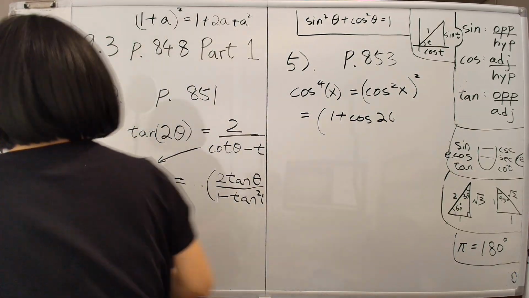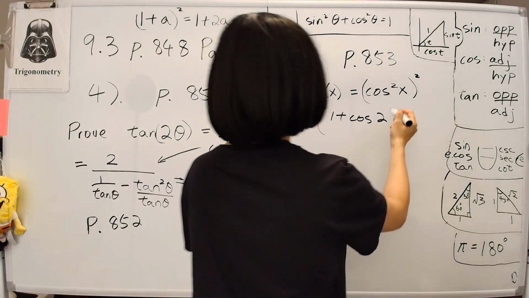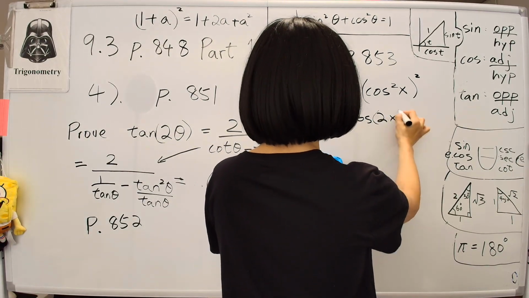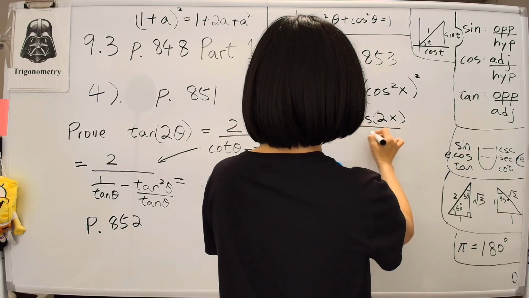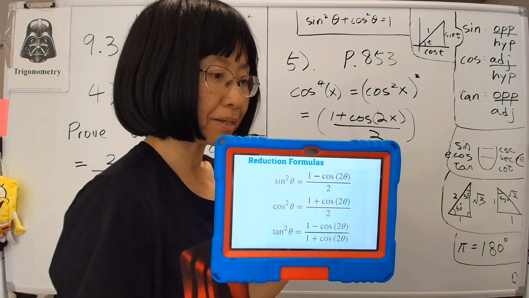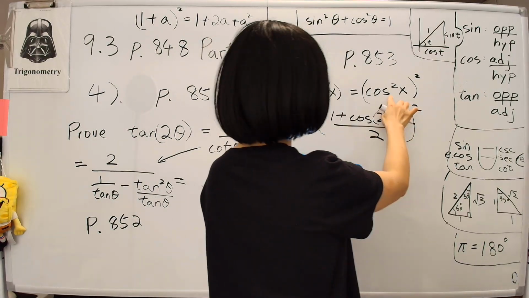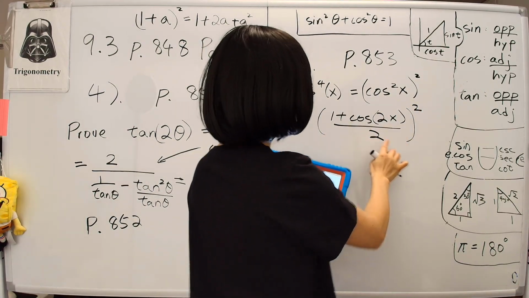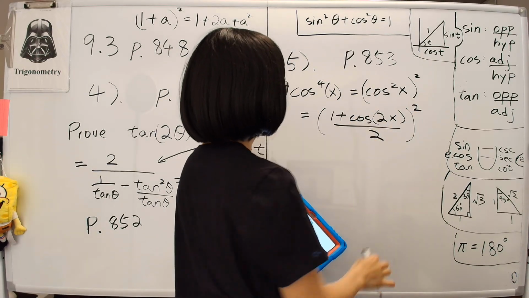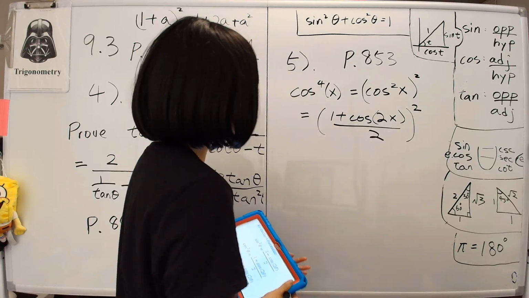We're dealing with x here, so we'll just replace theta with x, giving 1 plus cosine 2x, divided by 2. This is the formula for cosine squared x that I'm copying from, and there's a square outside, so cosine squared x is being replaced by this. Notice that by doing this, we have reduced the power to 2, but it's still 2. We need it to go down to 1, but we'll do that one step at a time.